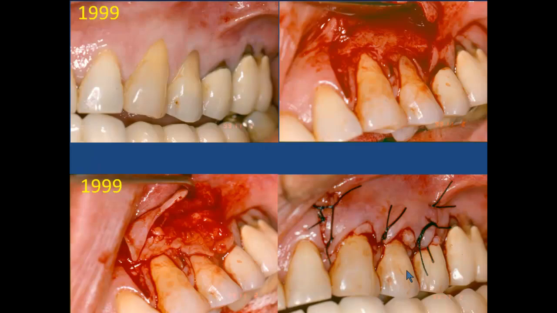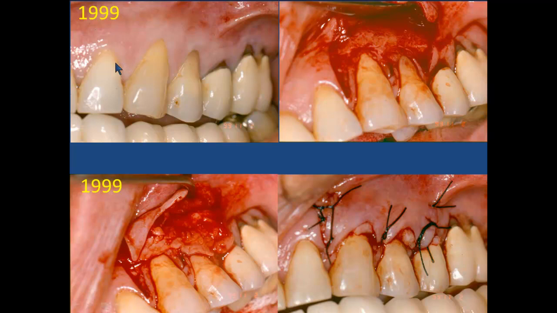This case presented in 1999, complaining from severe recession of his upper left canine and first premolar. He was also aware of initial recession of the upper left lateral.